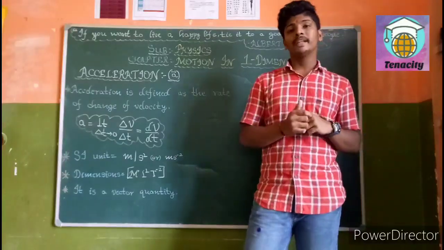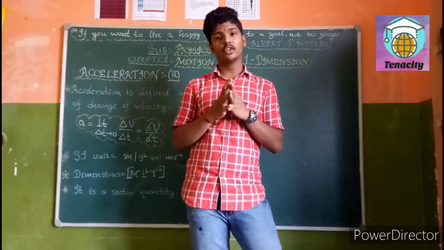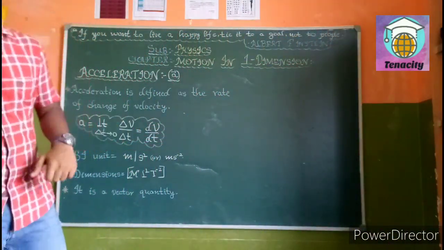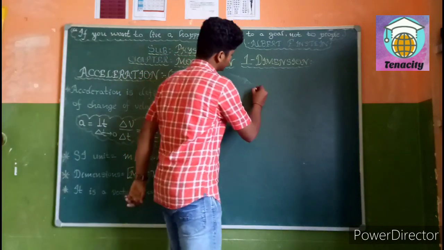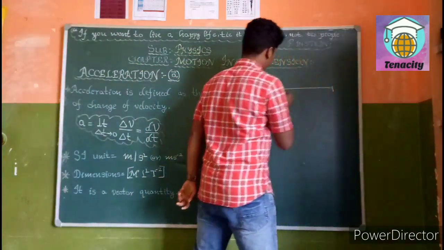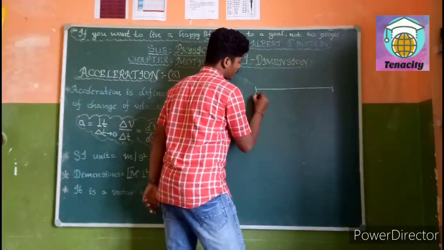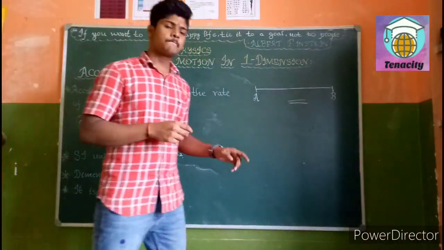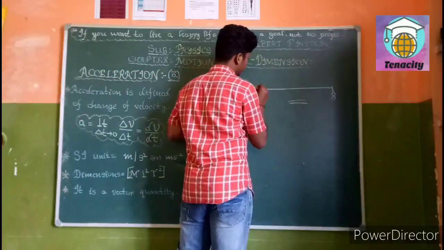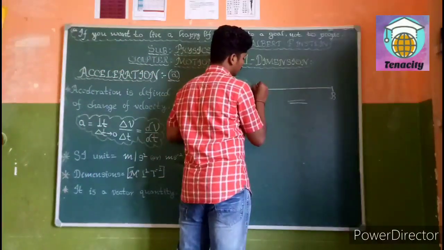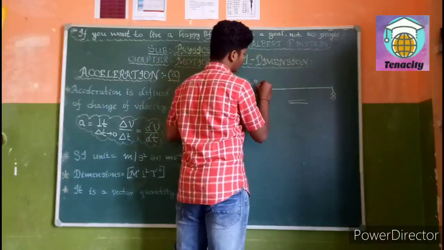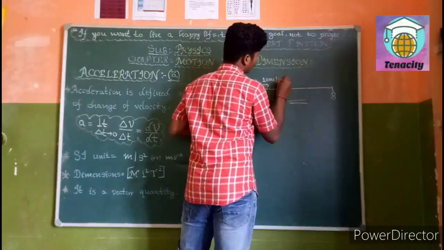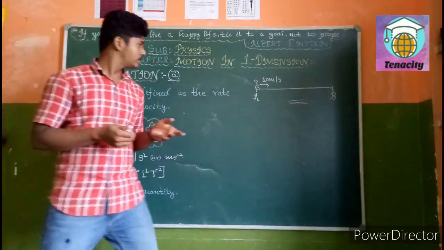Not only the change in magnitude of velocity, we also call the change in direction of velocity acceleration. Consider a man moving from initial point A to final point B, moving with a velocity of 10 meters per second.